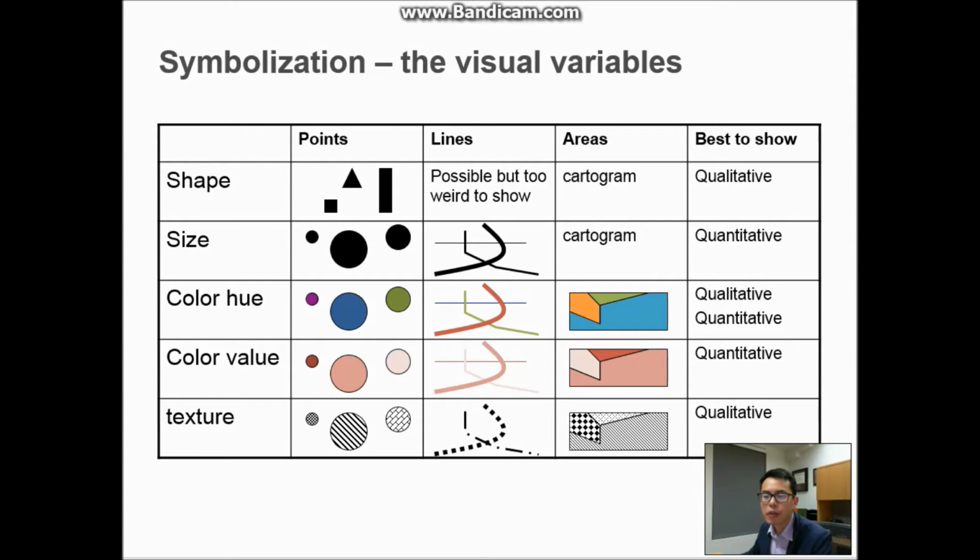So the most important column is the last column. The qualitative data would include shape, color hue, and texture. And quantitative data, which means numbers, would include size, color hue, and the color value. So color hue appears twice in this table.